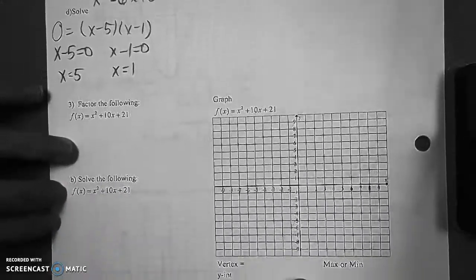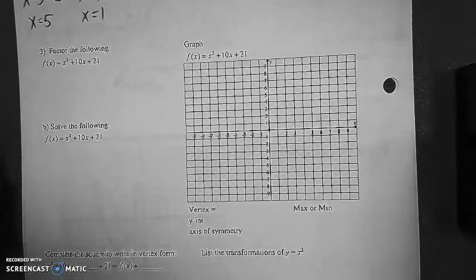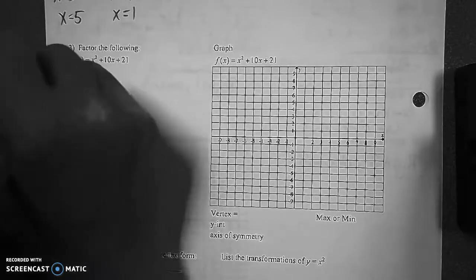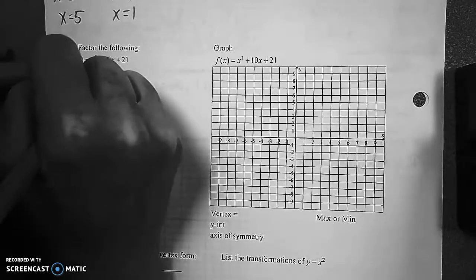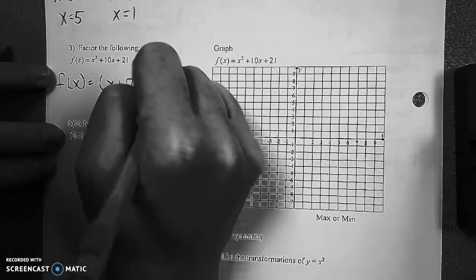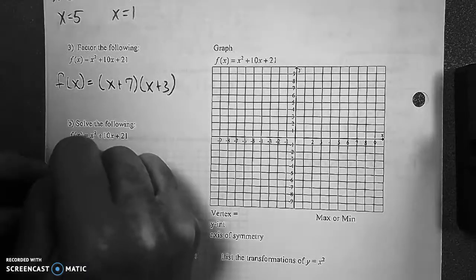All right, so let's look here at number 3. So as I look at number 3, again, there's going to be 2 ways to graph this problem. So one, I can see if it factors, and it does. It factors into (x + 7)(x + 3). I can use that factored form to solve.